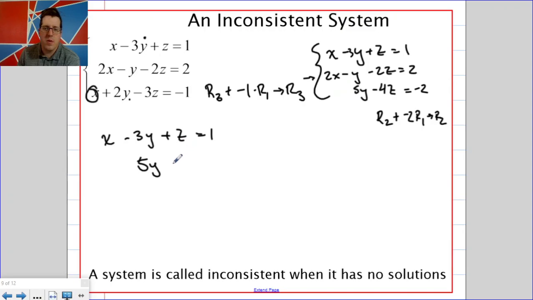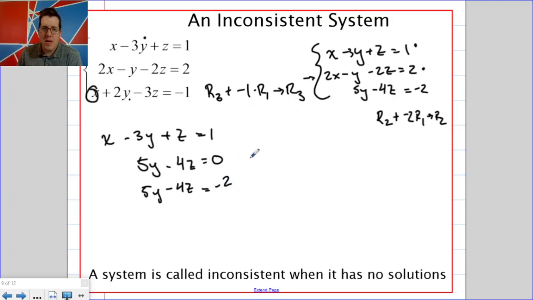And then this is going to be minus 4z again equals, so the way I always think about it is one of these minus 2 of those. So that would be 0, right? But then the next row is 5y minus 4z equals -2.